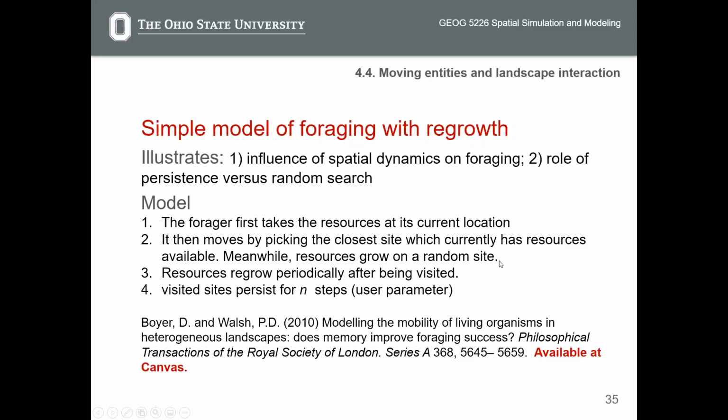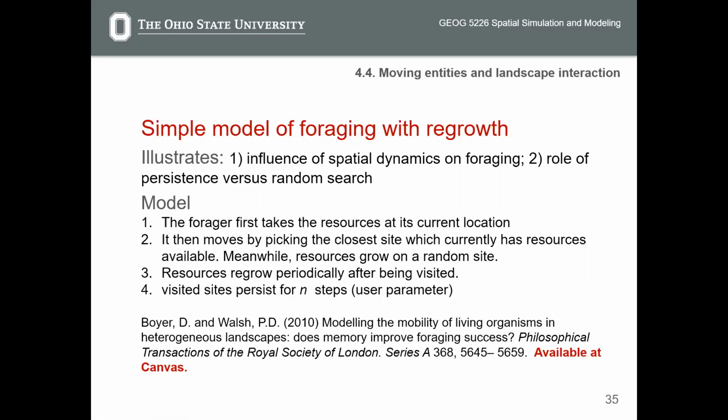You can set a vision for this forager, which means that all the cells within this vision have their information available to the forager. The forager will pick a site with resources and go to that site.